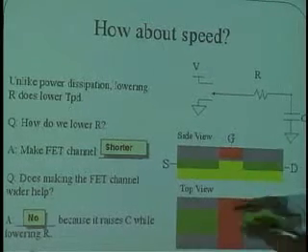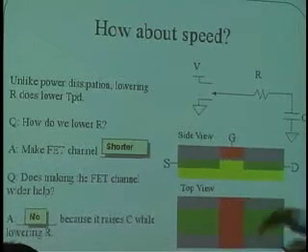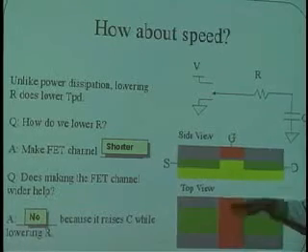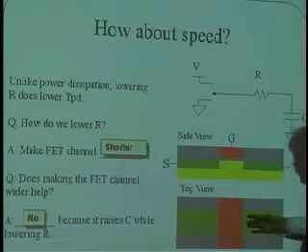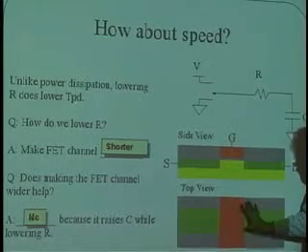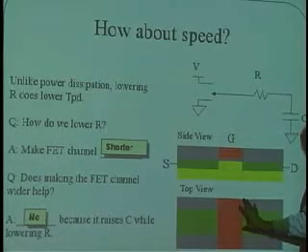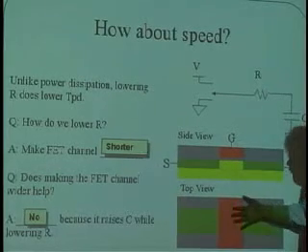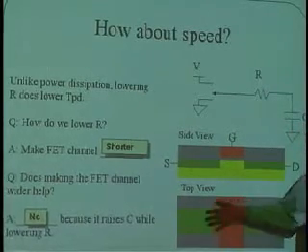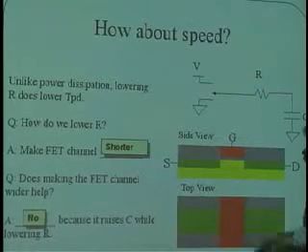Does making it wider in this dimension help? You may think the answer is yes. In other words, if this is a valve and the current is trying to get through from this side to this side, if I made this wider, then the resistance will go down. That's true, because there will be more parallel paths for the current to get through from one side to the other.